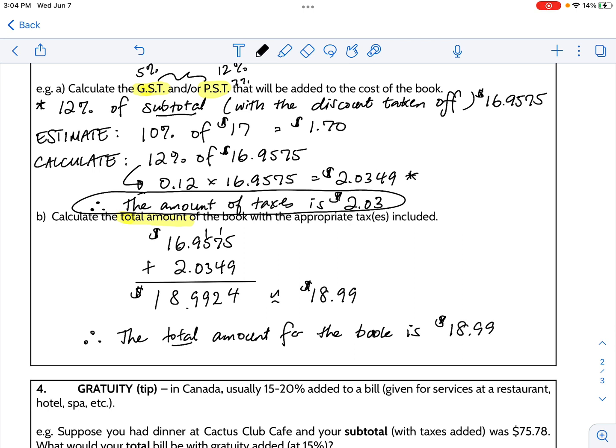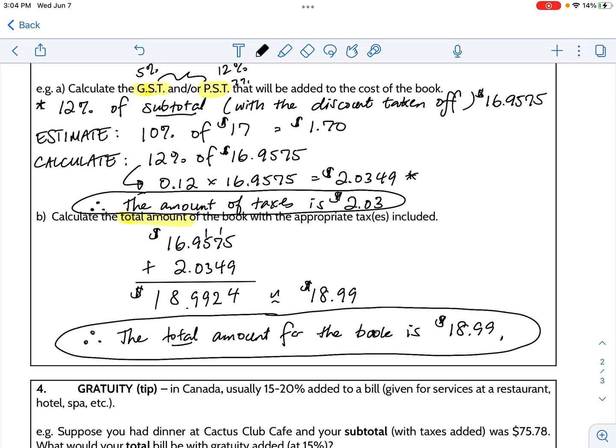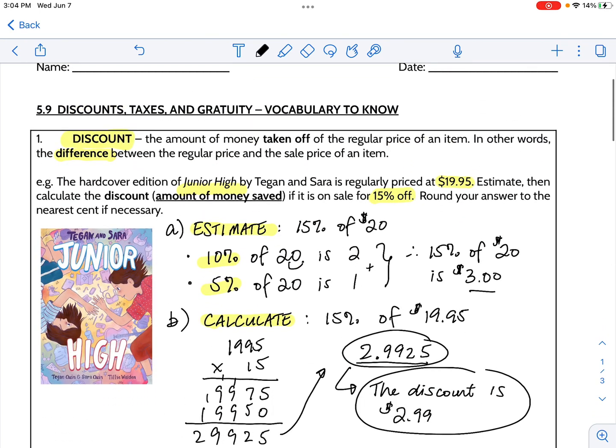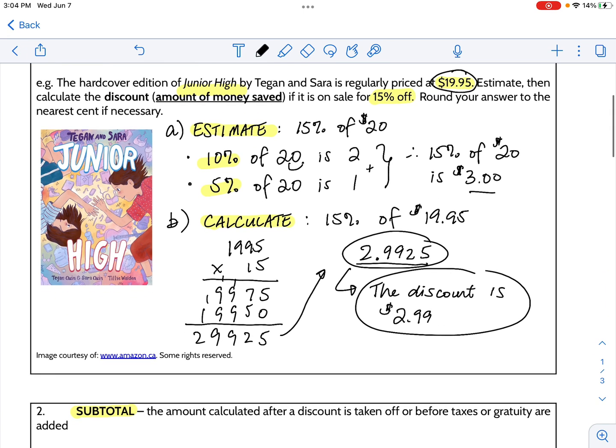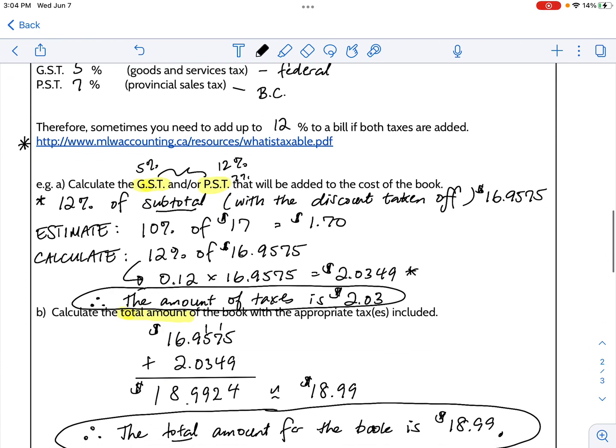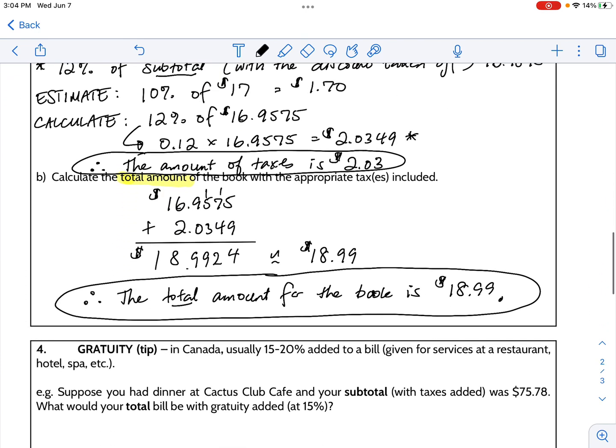Now if you notice here, it's actually not far off from what the regular price was. If you compare that to the regular price of $19.95, really what you're saving in essence is the tax, because it's 15% off, a little bit more than the tax. The tax is 12%, but our actual total becomes $18.99 with a discount and with the taxes added in.